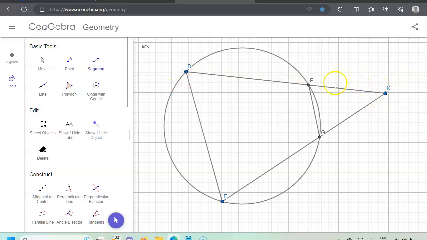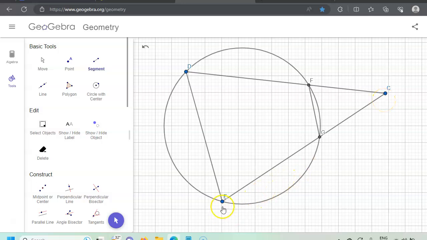So the line segment connecting the two is an intercept. And also, F is a point in the circle along the secant, and this is an external point. So the line segment FC is also an intercept. So again, DC is an intercept, FC is also an intercept.